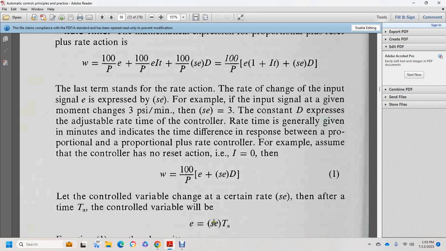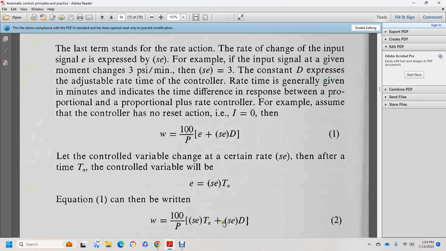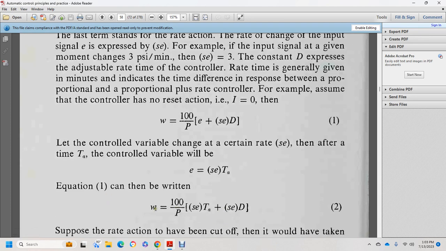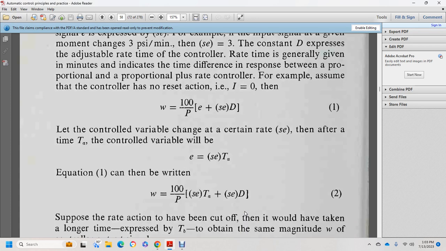The equation could be written as output signal equal to 100 times proportional band times control variable changing at a certain rate times T_A, the time after, plus the changing rate times D, the adjustable rate time of the controller.